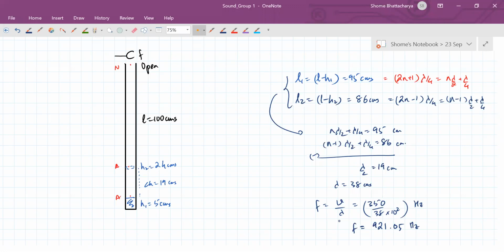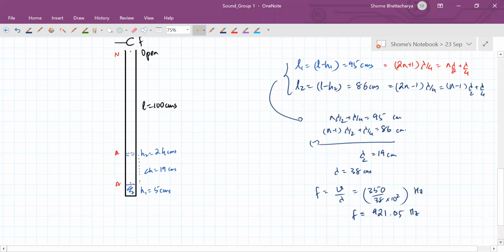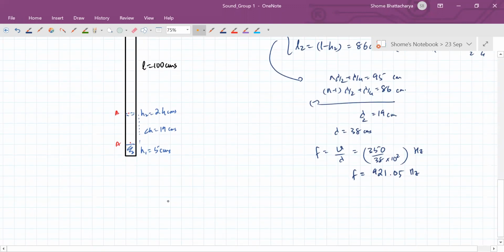So now we will see the number of resonances that will occur. Okay. Total number of resonances. So the first one was at 5 centimeters. Okay.